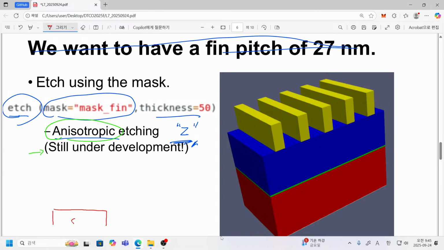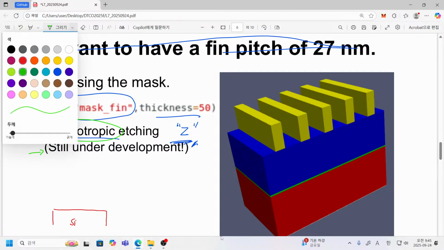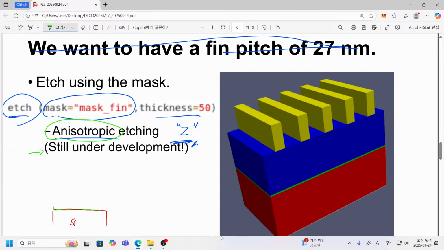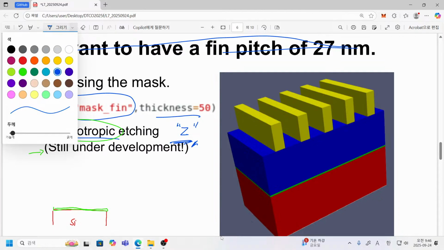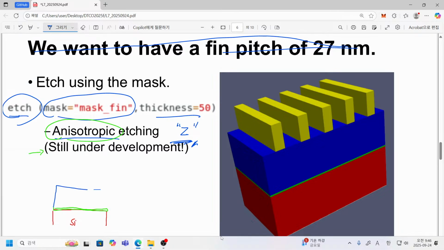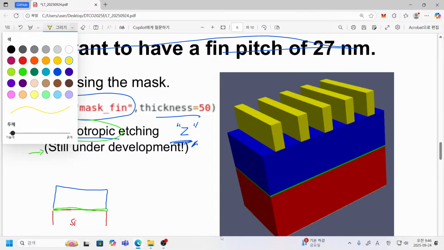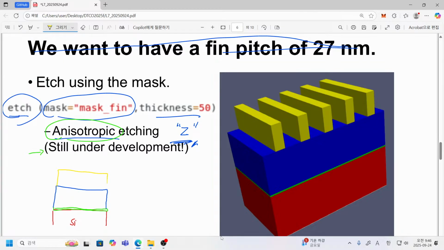Let's say that this is silicon, and here we have a very narrow pad oxide, and now we have silicon nitride, and here we have the mandrel. Now this is amorphous silicon. We cannot make any pattern directly to this amorphous silicon.